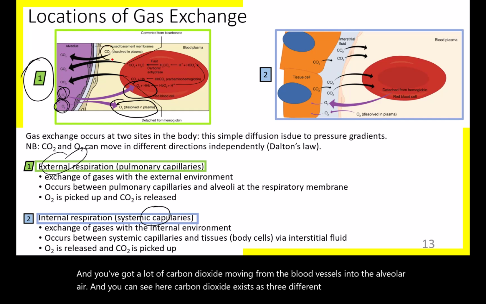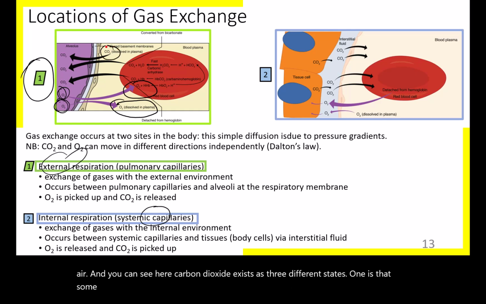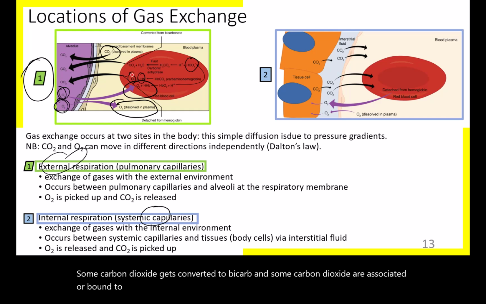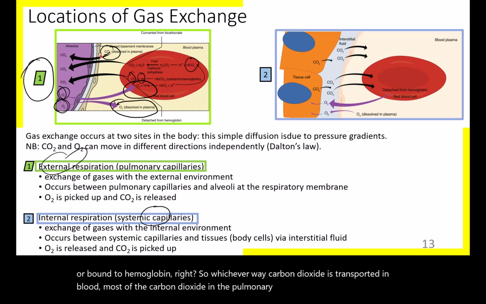Some carbon dioxide is dissolved in plasma, some gets converted to bicarb, and some is bound to hemoglobin, right? So whichever way carbon dioxide is transported in blood, most of the carbon dioxide in the pulmonary capillaries leaves the blood to enter into the alveolar air.